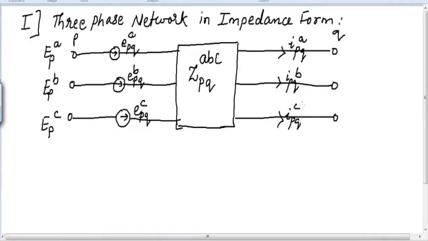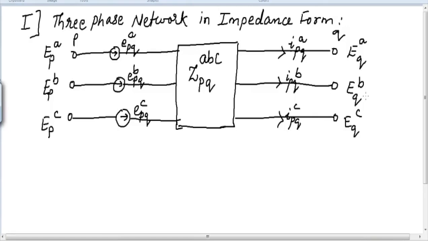Okay, so in this way we are going to represent the impedance form of reference. Let us see how to write the equation of this impedance form of reference of the three phase network. So this is the associated diagram with it.